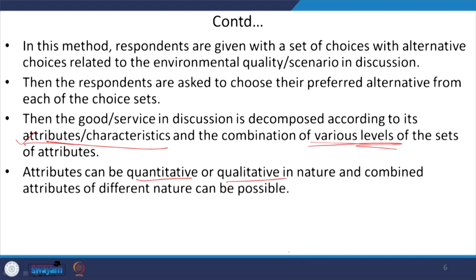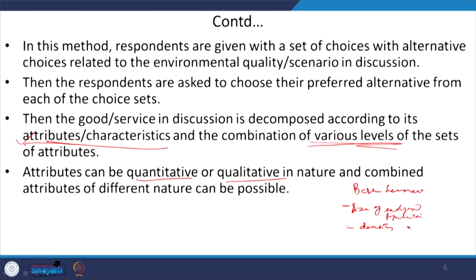So, when you are creating this scenario, the base scenario, let us say it is the size of the population, the size of this endangered population, then we are saying the density of the populations.